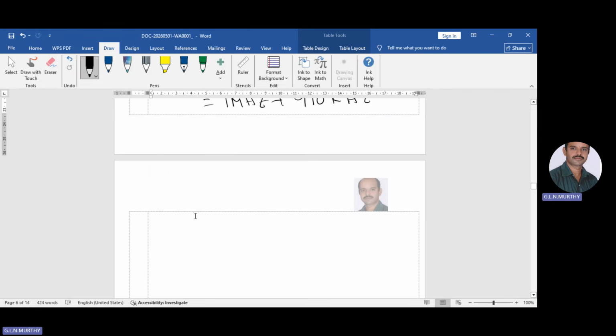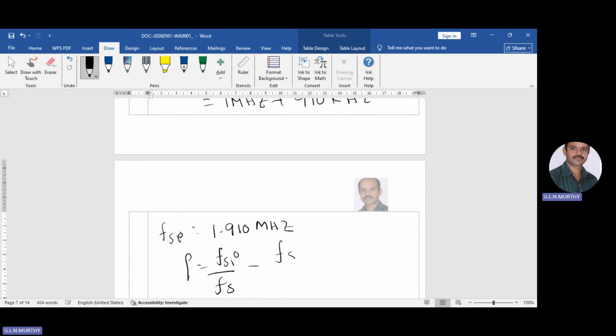So FSI equals 1.910 megahertz. We need to estimate rho as usual. Rho equals FSI by Fs minus Fs by FSI, so 1.910 mega by 1 mega minus 1 mega by 1.910 mega.